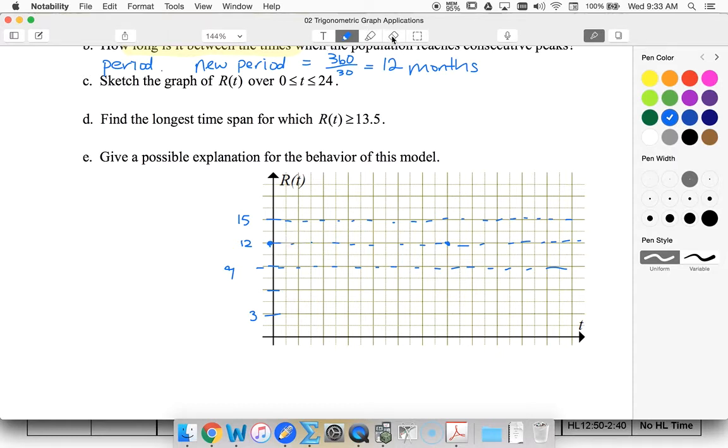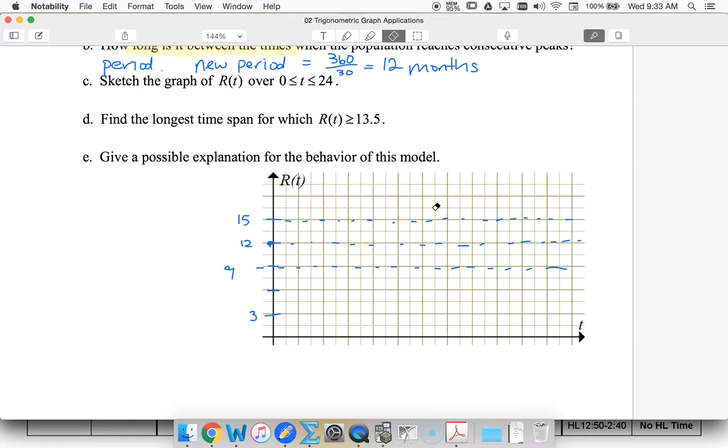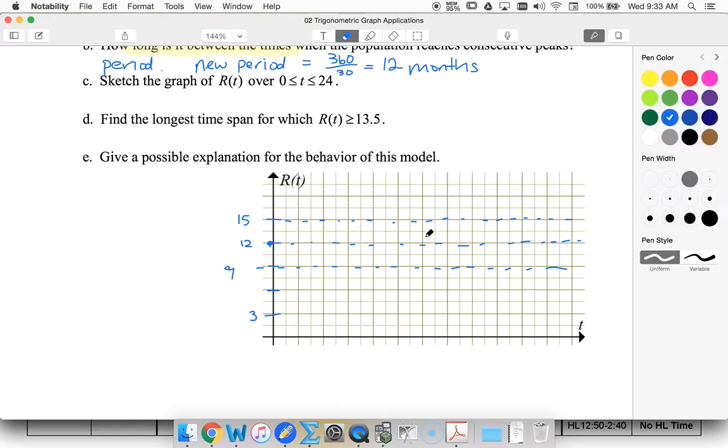Let's make this an even number, so instead of going over 14, I'll go over 12. 1, 2, 3, 4, 5, 6 will put me back at the middle, which means at 3 I'll be at my min. And here's 1 full cycle, that must be 12 months.